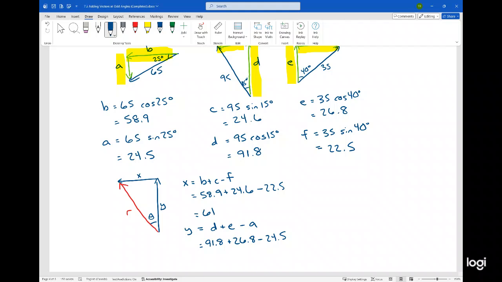All right, 91.8 plus 26.8 minus 24.5 is 94.1.